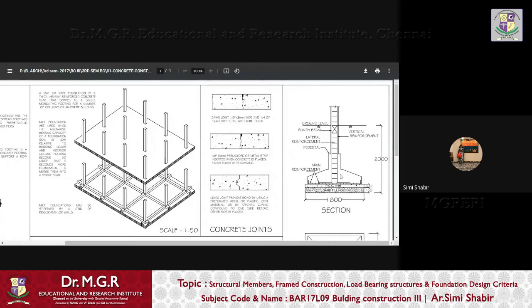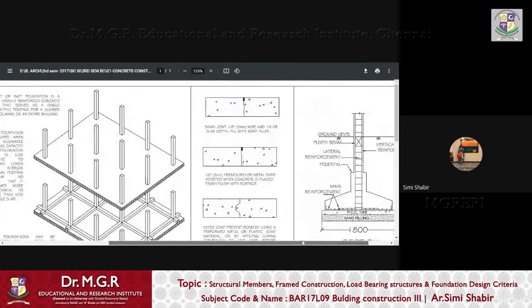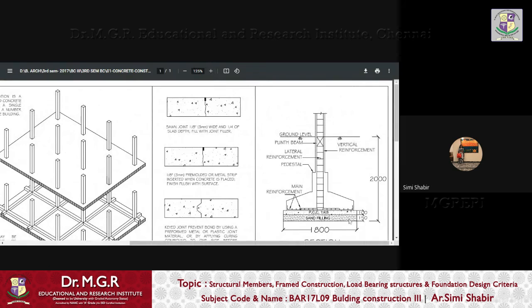Okay, so here you can see that we are looking at a sand filling, for a height of 15 centimeters, that is 150 mm. Then we have a PCC layer of 10 centimeters, in the ratio of 1:4:8: 1 part of cement, 4 parts of sand, and 8 parts of coarse aggregate.